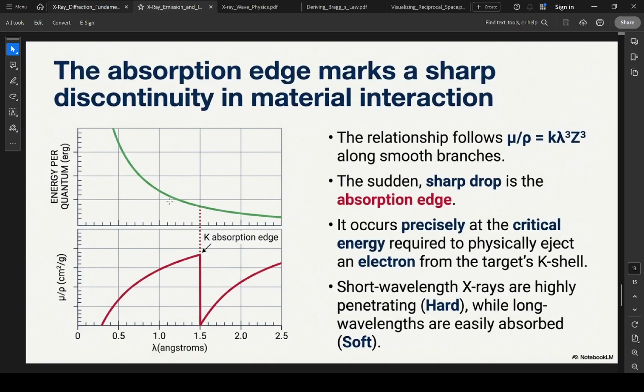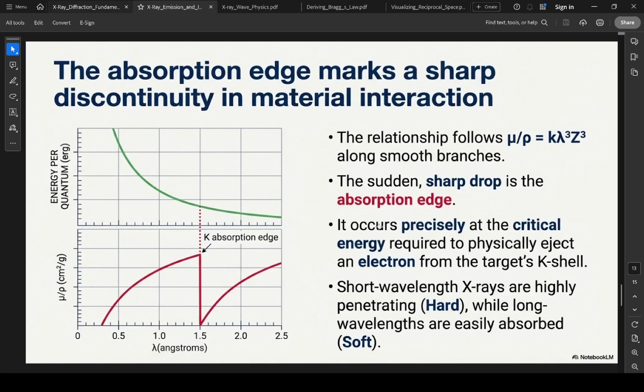And the mass absorption coefficient typically follows k lambda cubed Z cubed, but at the absorption edge, there's a sharp drop, like for copper it occurs at 1.5 angstrom.